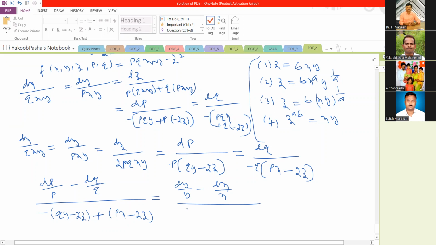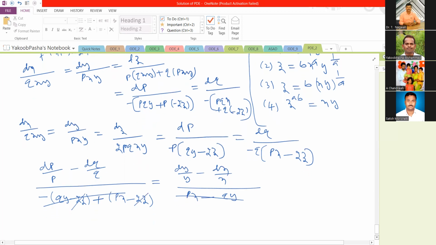Dy by y is px minus dx by x, that is qy. Here minus 2z, minus of minus plus 2z, and here px minus qy, here px minus qy will be cancelled.